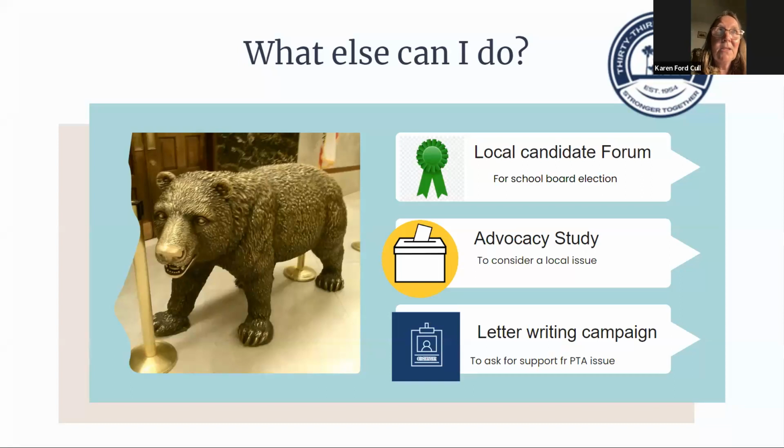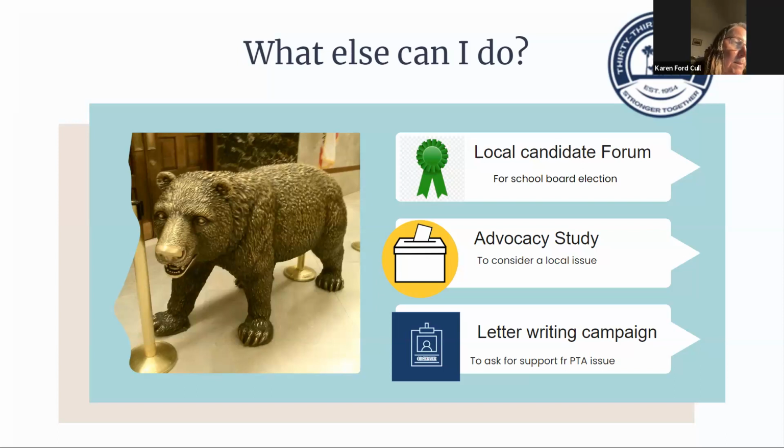And if you don't have much response from your local unit, go to the LA County League of Women Voters for help. And then you can do a study of an advocacy issue, but you may also want to work with your community concerns chair or other board members to do that, because it's quite a big task.